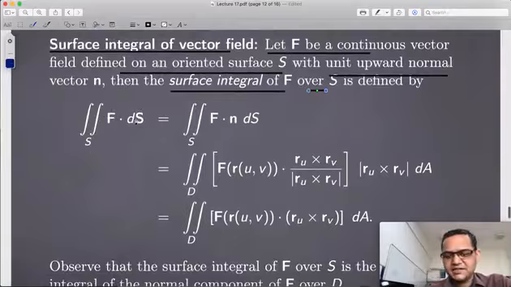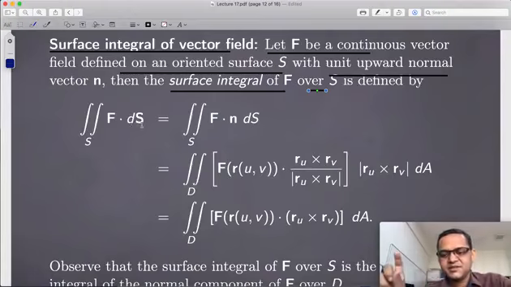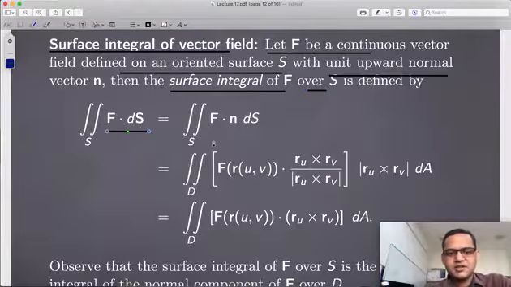The notation is f dot dS. This S is also a script S because the surface is given by a vector equation. So this is going to be f dot n, the normal component, and then dS is the surface area component, isn't it?